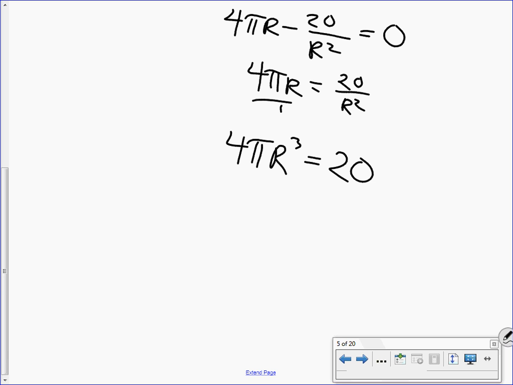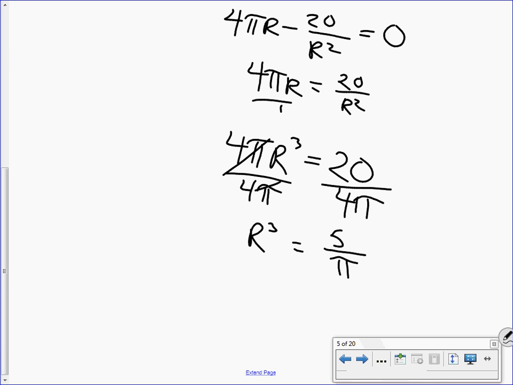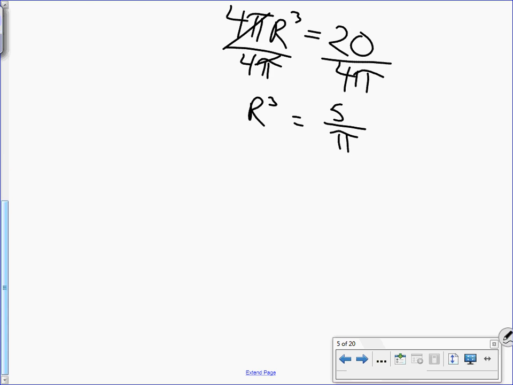Divide by 4 pi. So r cubed, we could reduce this to 5 over pi. Is that okay? If r cubed equals 5 over pi, what does r equal? The cube root. That's a nice looking radius.